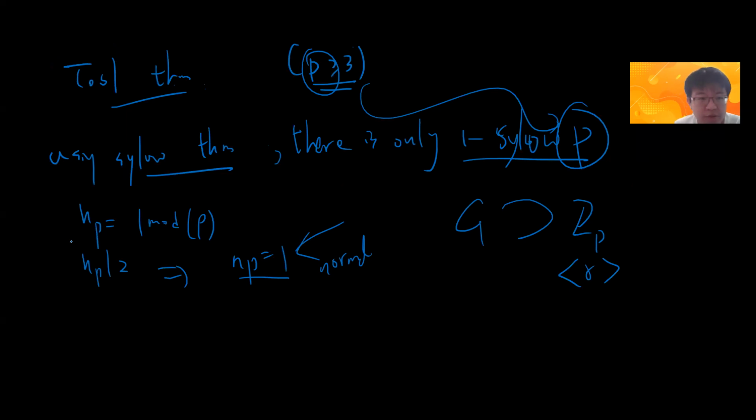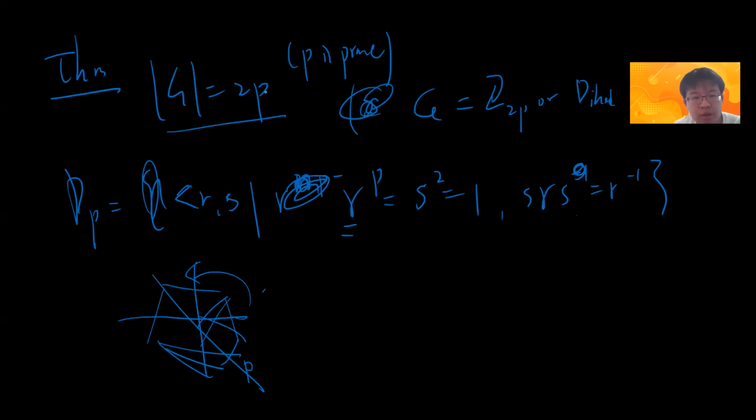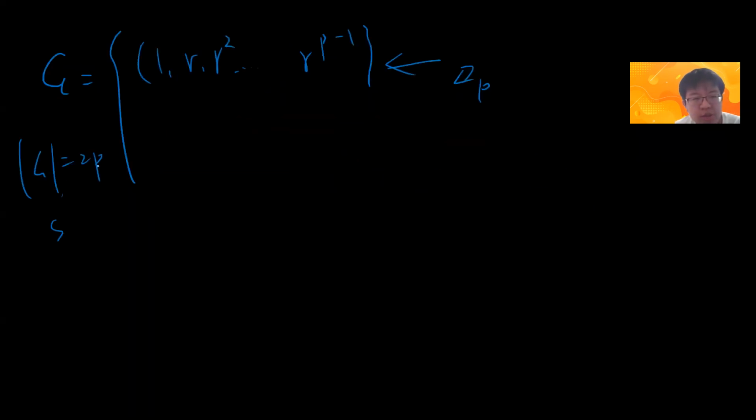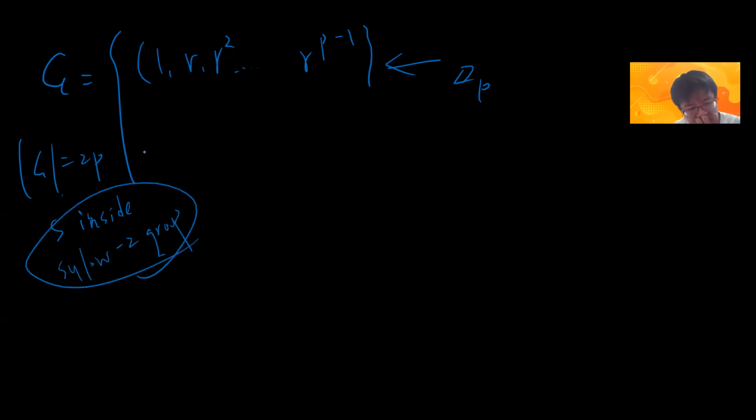So notice that from here, we also know that there must be a Sylow 2-subgroup, right? And S is not inside the P-subgroup, and 2 and P are prime, right? So S must be in the Sylow 2-subgroup. Or, if you do not believe it, then it's fine.